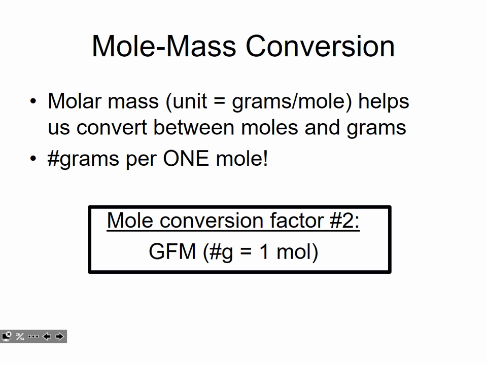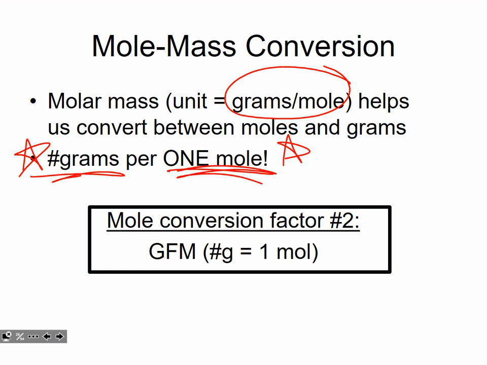Well, this is important because this is exactly how we do mole to mass conversions. Molar mass, or gram formula mass, the thing we talked about where you sum all the masses together like we were just doing, has a unit of grams per mole. What does that mean? That means that number is the number of grams in 1 mole of a given substance, and we can use that as a conversion factor to convert between grams and moles.